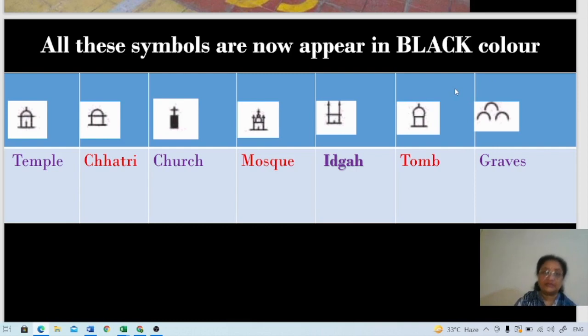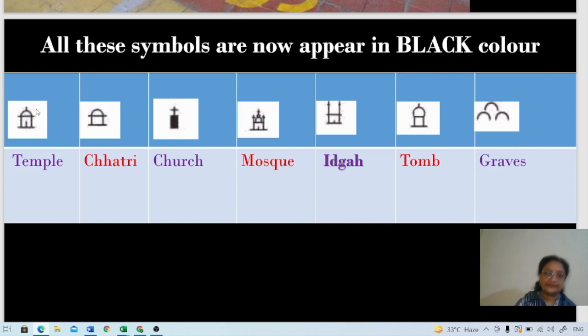But now in this topo sheet which we have got recently, all these symbols are shown by black color only. So you will find all these symbols in the same color, that is black color. You can see the difference.